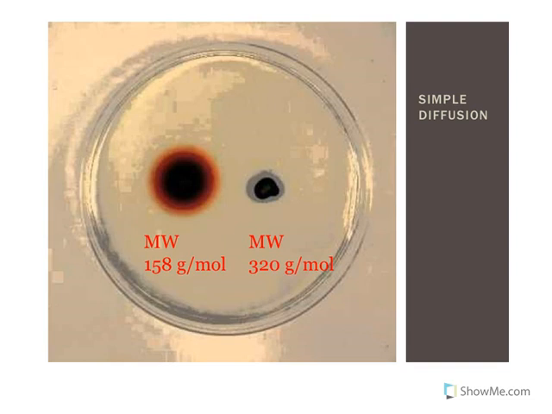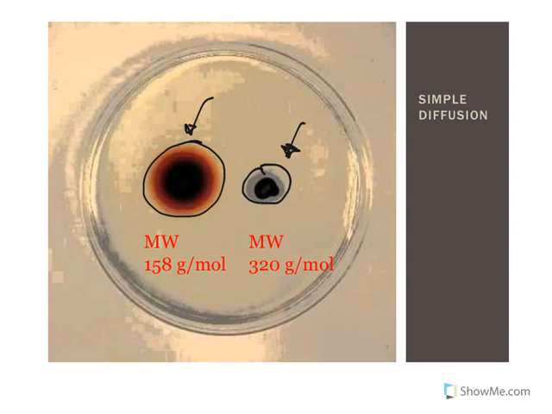So this one here is methylene blue. This one here is called potassium permanganate. What you'll notice is I allowed this to diffuse for a certain period of time, and this one did not diffuse as great as this one.